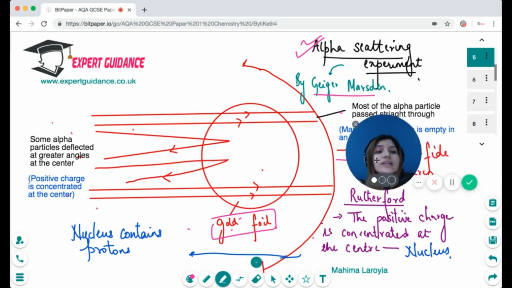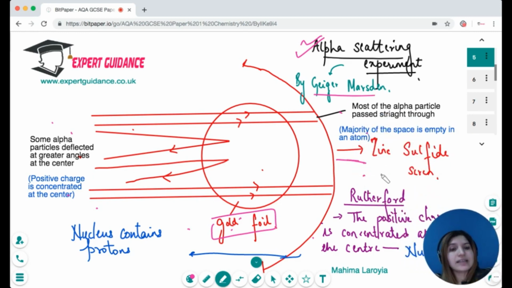Now, what does this tell us? It tells us that since most of the alpha particles pass straight through, the majority of the space is empty in the atom, and since there was a greater deflection at the center, there's a positive charge which is concentrated at the center of the atom.